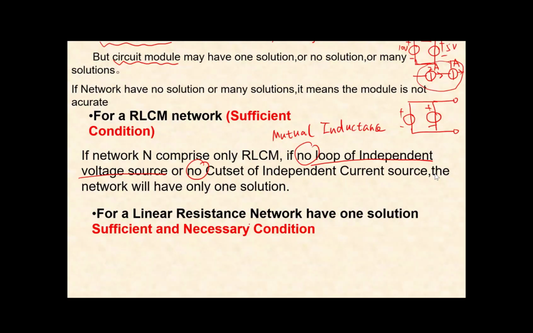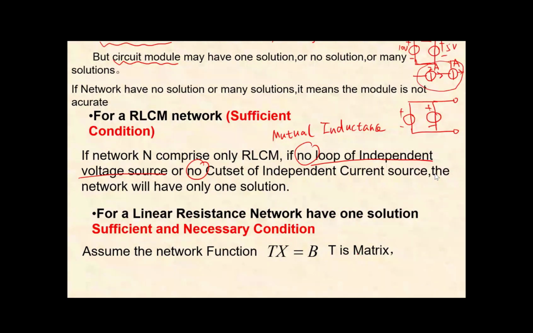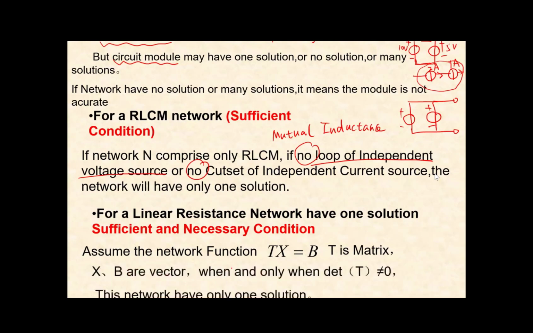For a linear resistance network to have one solution, the sufficient and necessary condition is: assume the network equation Tx equals b. T is a matrix, x and b are vectors, and x is always the variable. The b is always related to the source.